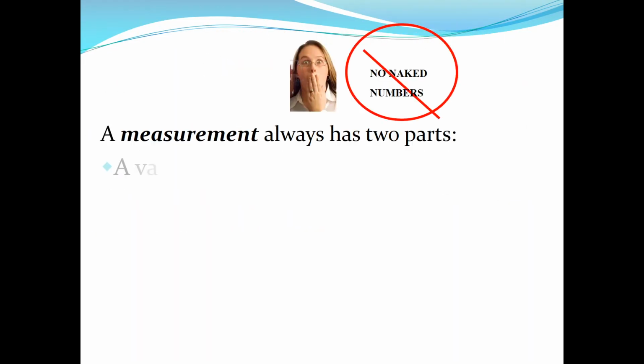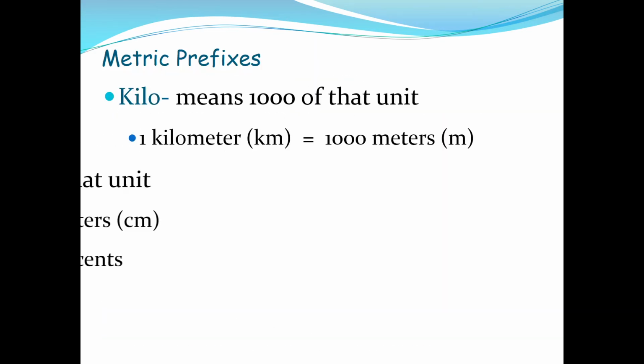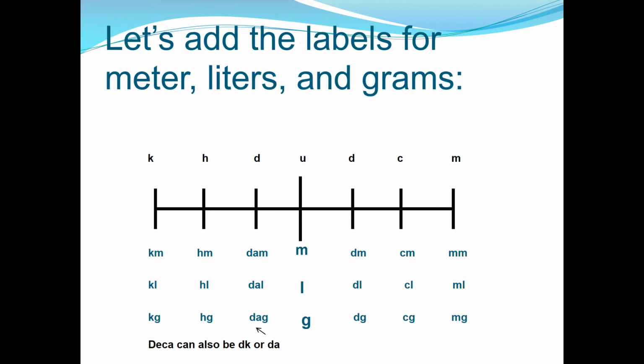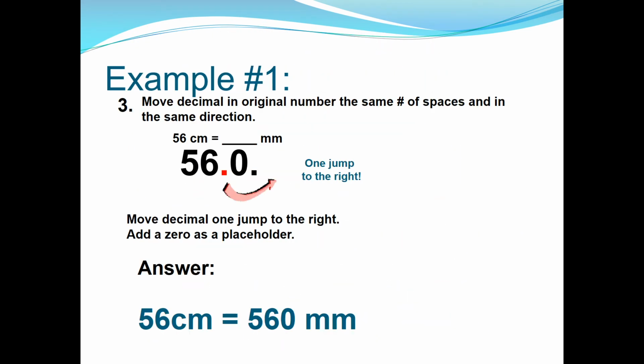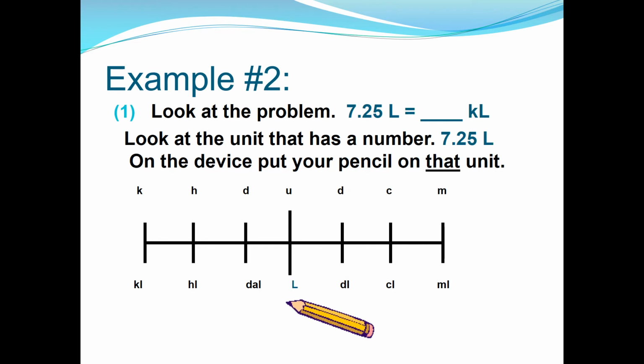And I just skipped a whole bunch of parts. So, for example, let's say we want to convert 7.25 liters into kiloliters. So we're at the base unit of L, so no prefix in front of the L. And we're going to know that we'll go over 1, 2, 3 times.